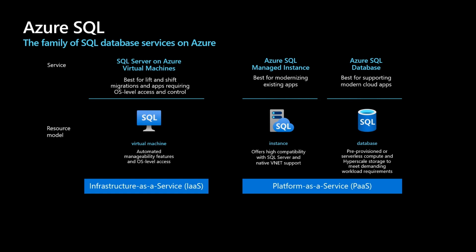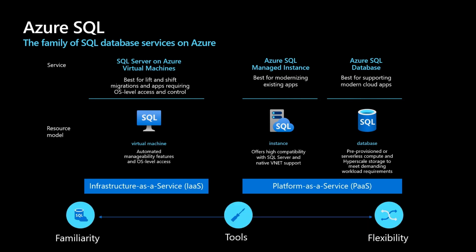Or you have a database as a service option where you can just provision a single database with the resources you need and either move applications or build new applications on top of that. And we will look at some more capabilities of each of these in the upcoming slides. Another point I want to highlight is SQL database also offers serverless and hyperscale options, so you can pick the right tier based on your workload requirements.